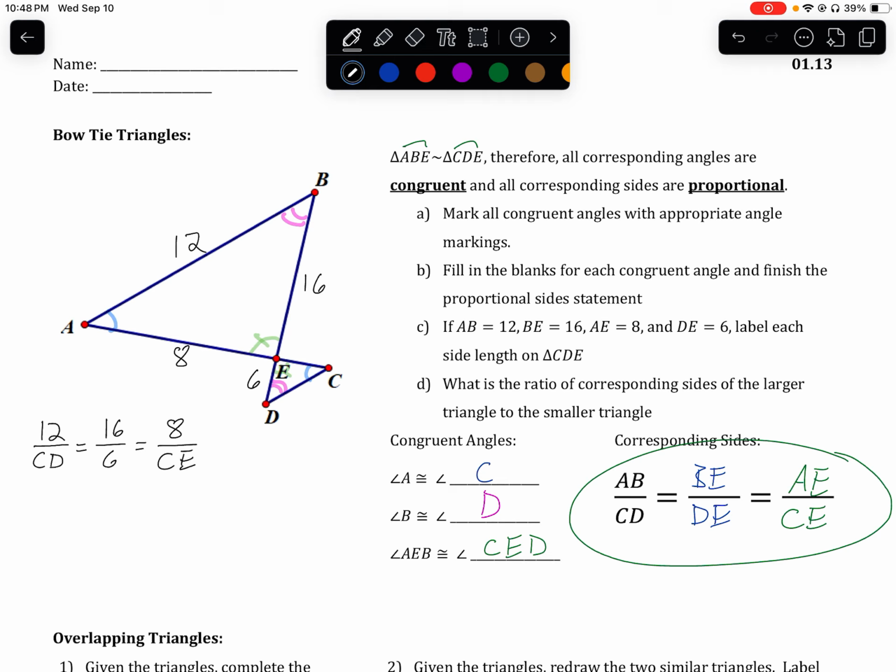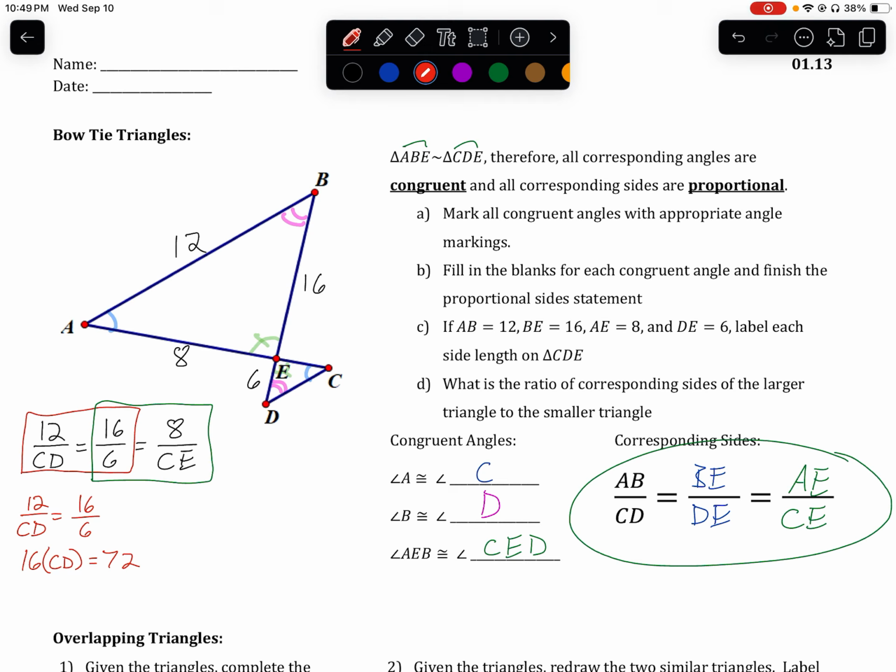Now to find my missing side lengths, I have to set up two separate problems. I'm not going to use all three of them together, but instead I'm going to use one of the unknown sides with one of the ratios that has each known side there. So for my first one, I have 12 over CD is equal to 16 over 6. So that's 16 times CD is equal to 72.